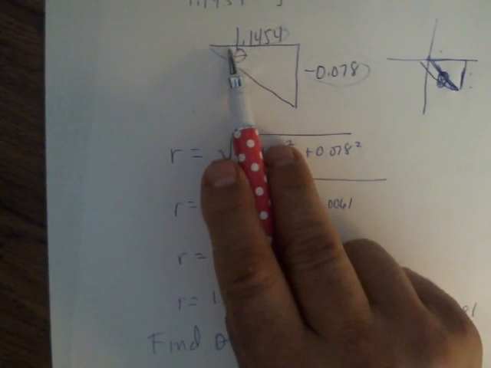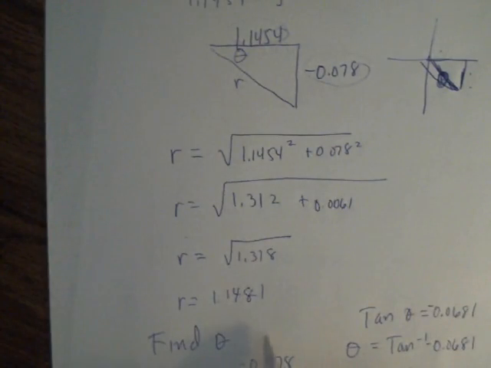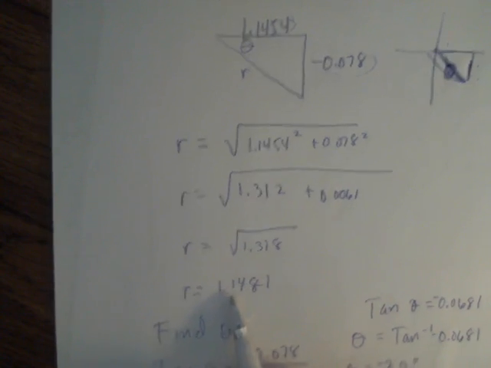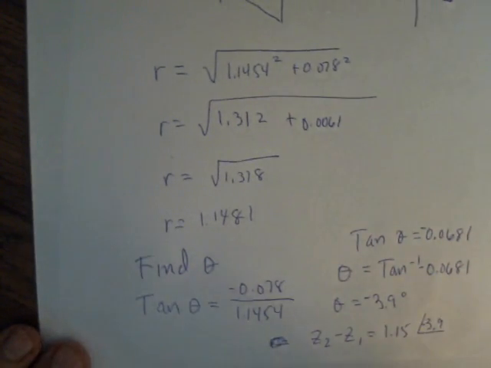So I use 1.1454. This is 1.1481. They are very close to each other. So if you rounded too early, you're going to have problems when you use your trigonometry. So round to 4 decimal places. It's not going to kill you. That may give you a headache, but it's not going to kill you.